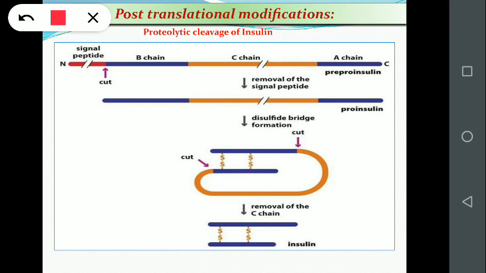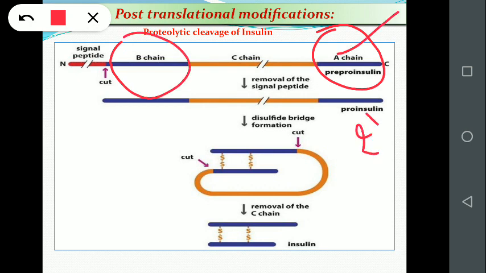One is the A chain and the other is the B chain. The A chain contains 21 amino acids, whereas the B chain contains 30 amino acids. Totally, we have 51 amino acids in insulin.